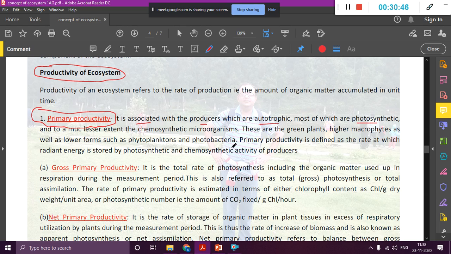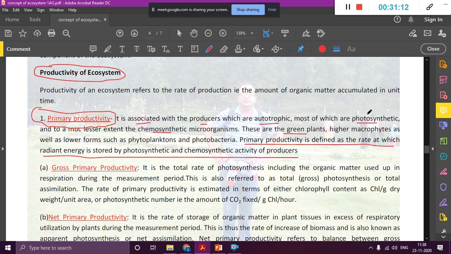They are photosynthetic. Some of them are chemosynthetic, utilizing chemicals to synthesize energy. These are the green plants mostly. So primary productivity is defined as the rate at which radiant energy is stored by photosynthetic and chemosynthetic activity of producers. Radiant energy is the energy from the sunlight.